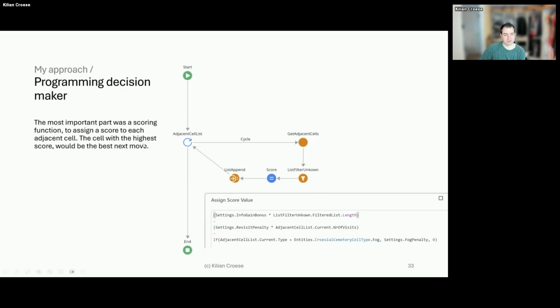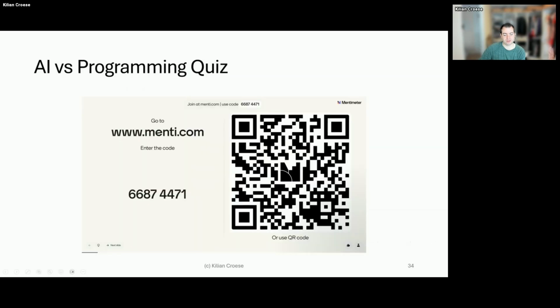And then I see my next slide was a small quiz. So I've talked about a solution that I used solving with AI. I talked about one where just default programming, I think, is the best solution.